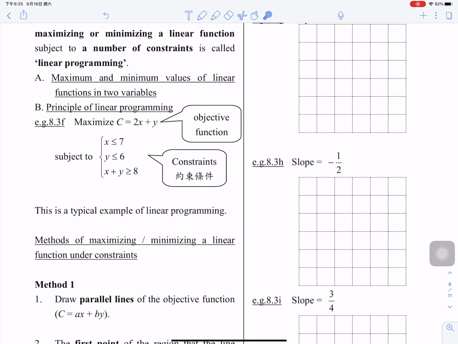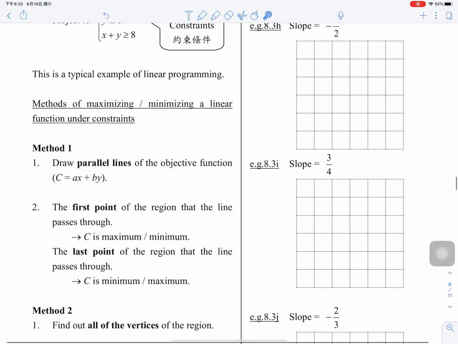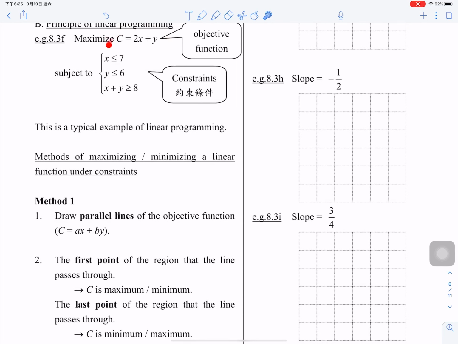If we want to maximize or minimize a linear function under several constraints, we have two methods here. Method 1: draw parallel lines of the objective function. That means now you have this objective function, then we need to draw parallel lines. Secondly, have a look.